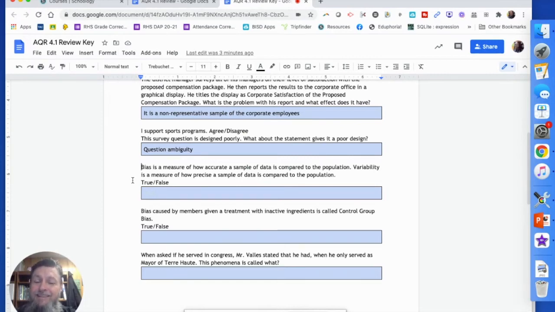Variability is a measure of how precise a sample of data is compared to the population. So for instance, if we were to do some kind of survey and the answers were all over the place and nothing centralized around one specific data value, we would call that high variability because there's too much broadness in it.